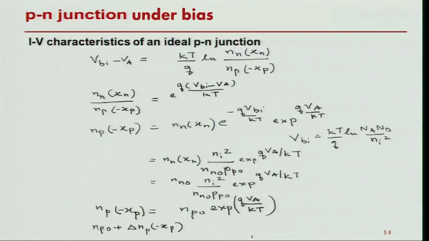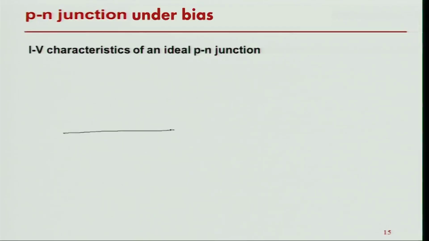The equilibrium concentration plus the excess carrier concentration is what it is at the point x p. So I can take n p o on this side and I will get an expression for the excess carrier concentration at the edge of the p type depletion region. So, using this low level injection, we have found the boundary conditions for my solution to the differential equations.